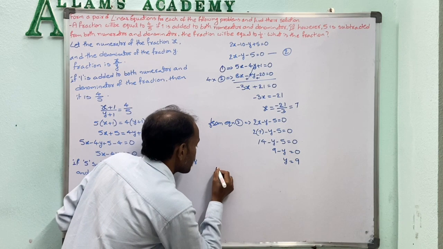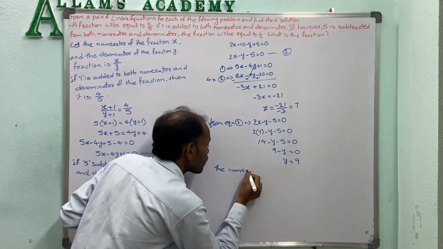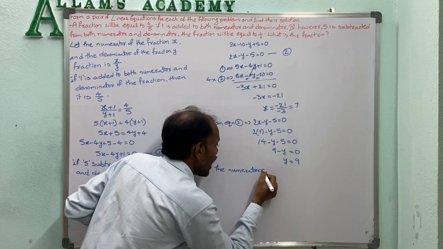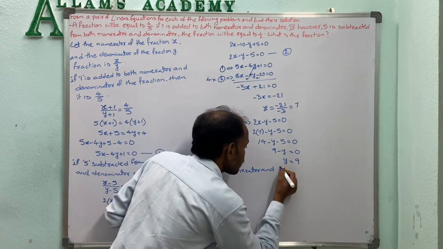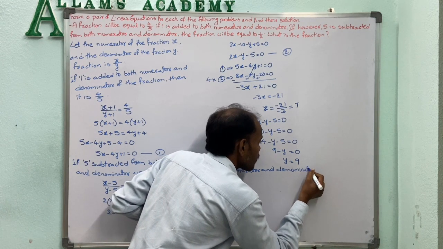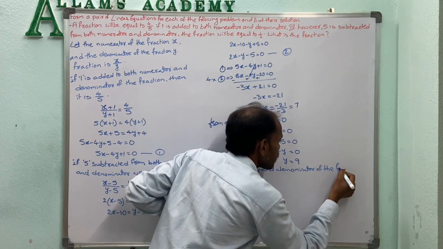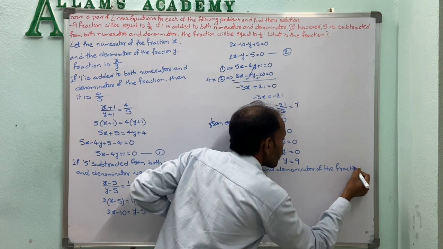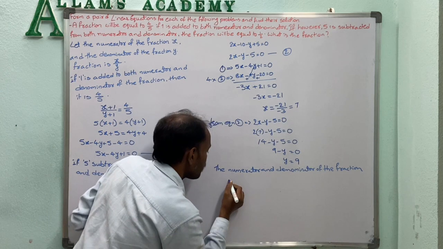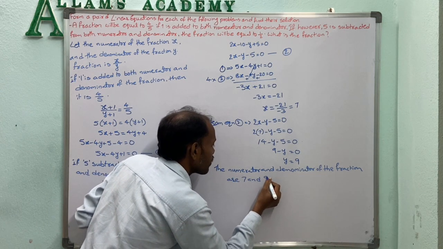So the numerator and denominator of the fraction are 7 and 9.